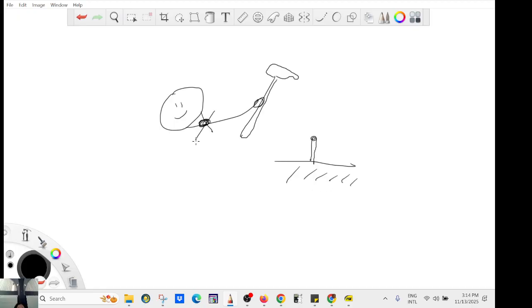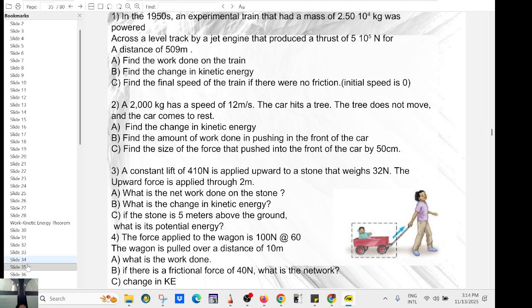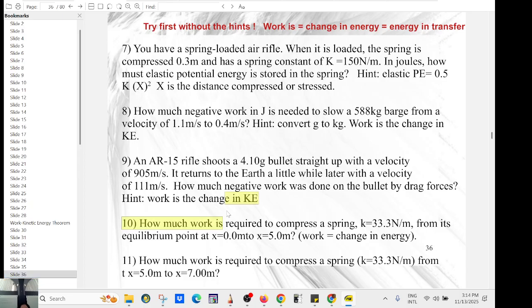But if I swing over a large distance, I'm going to have a large kinetic energy. That kinetic energy is going to turn into force times distance going into here. The distance is small, so the force will be big. So we are transferring energy. It's a trade-off between force and distance.